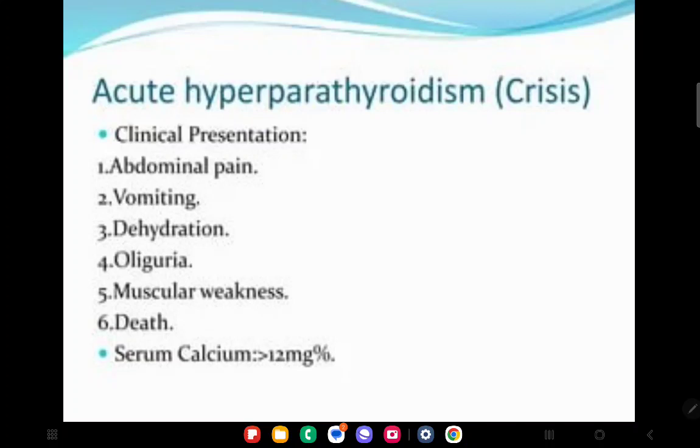In severe cases, the patient might have marked symptoms of abdominal pain, vomiting, dehydration, oliguria, muscular weakness, and it can lead to death. Serum calcium will be more than 12 mg%. This is an acute emergency. It entails emergency treatment of hypercalcemia.